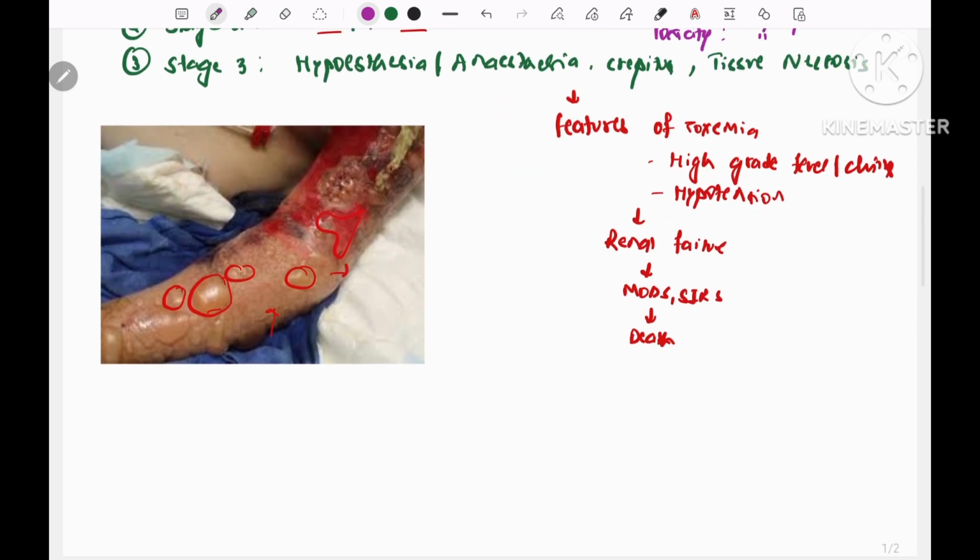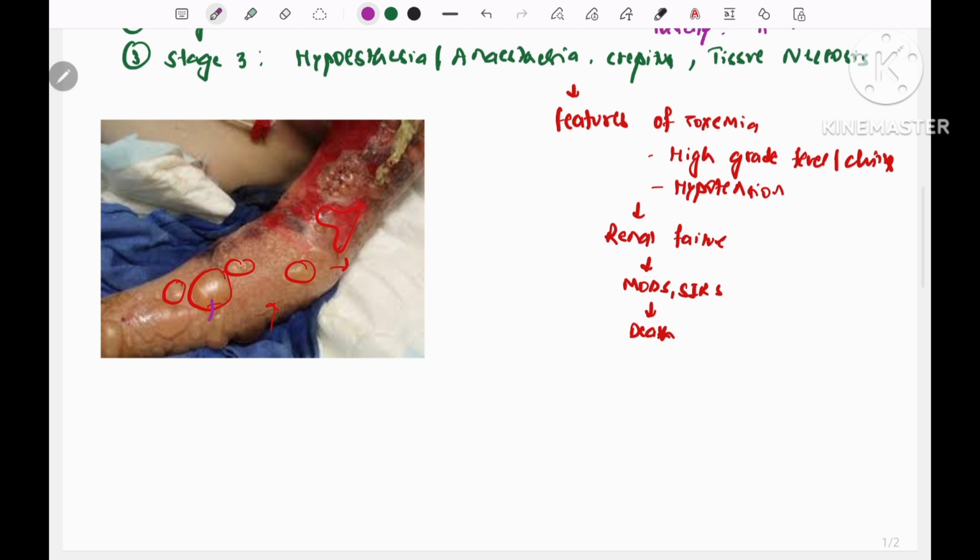And if we look at the fluid which is coming out of these blisters and bulla, it looks like dishwasher fluid. As when we wash dishes, the water becomes discolored from the normal water color, similarly the bulla discharges fluid, so that is known as dishwasher fluid, and it is grayish in color.